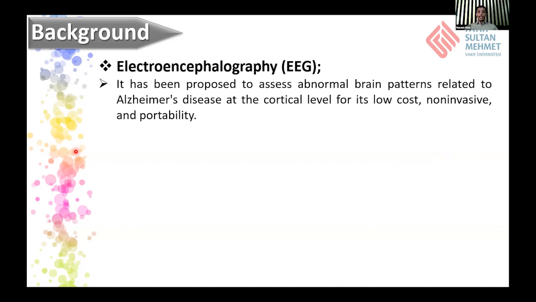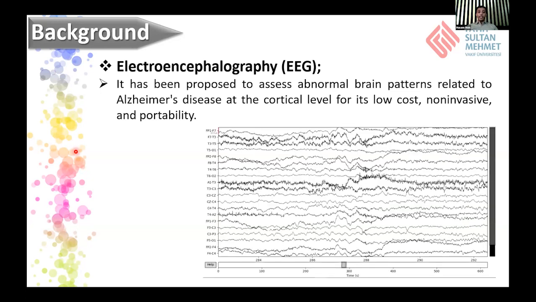Several methods such as biochemical markers, image biomarkers, and EEG have contributed to diagnosing this disease. And EEG can assess abnormal brain patterns related to Alzheimer's disease at the cortical level, with low cost, non-invasiveness, and portability.